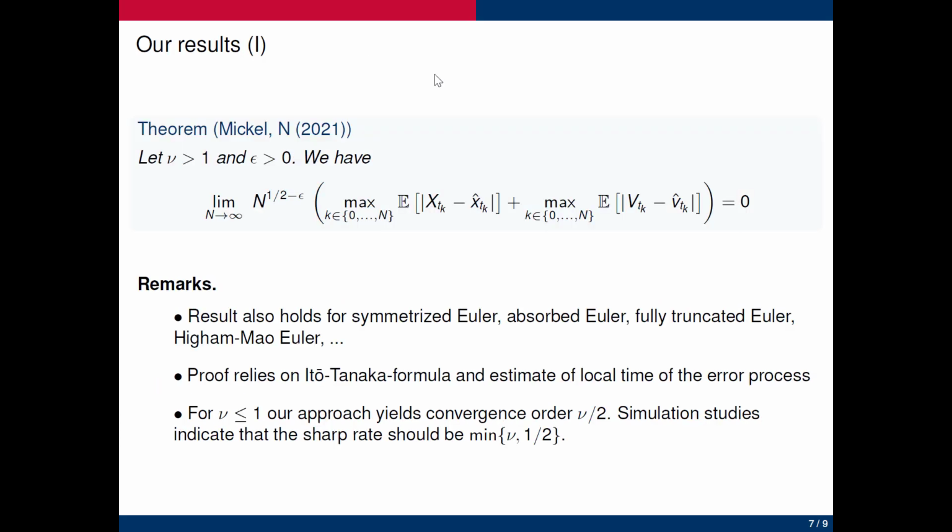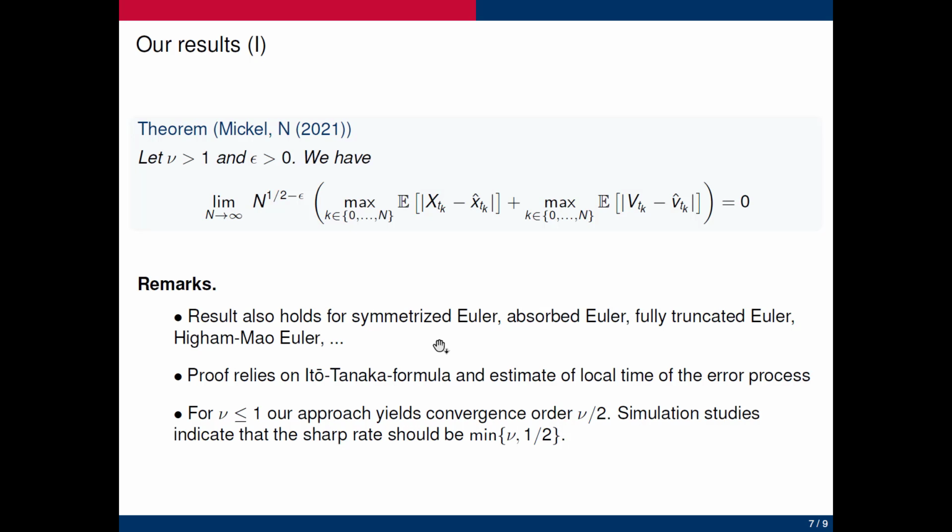Now we present our first result. Under the assumption that nu is larger than 1, we are able to prove an L1 convergence order of 1/2 minus epsilon, where epsilon can be chosen arbitrarily small, for both the full Heston model and its discretization and the CIR process and its discretization. The special thing about our result is that it holds for all kinds of Euler-type methods, which turn the standard Euler into a well-defined scheme, as I presented before.